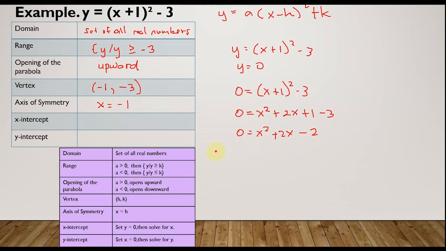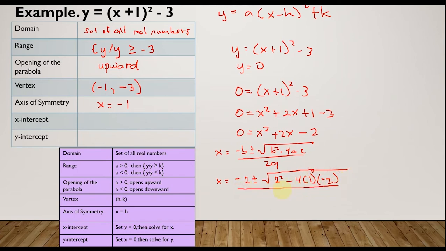Using the quadratic formula, x equals negative b plus or minus square root of b squared minus 4ac all over 2a. By substitution, we're going to have x equals negative b, which is negative 2, plus or minus square root of 2 squared minus 4, a is 1, c is negative 2, all over 2 times a, which is 1.